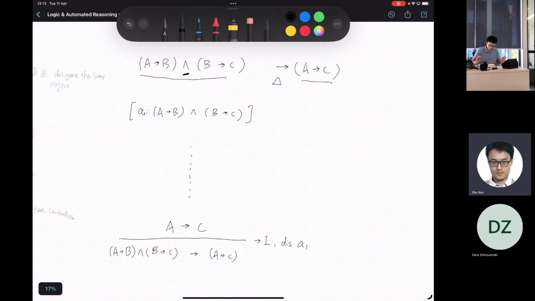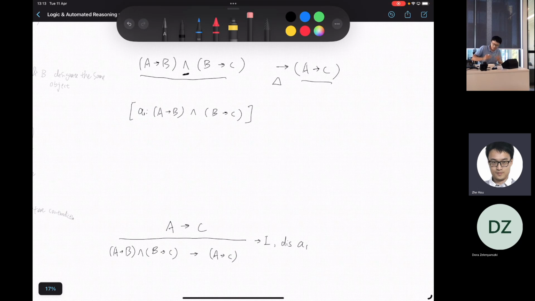So A1 is gone, and now we just need to fill in the blank. So this first step is quite deterministic. We look at the problem we have at hand. We know exactly which rule we need to use. And the problem is now, what do we do? We need to fill in the blank.